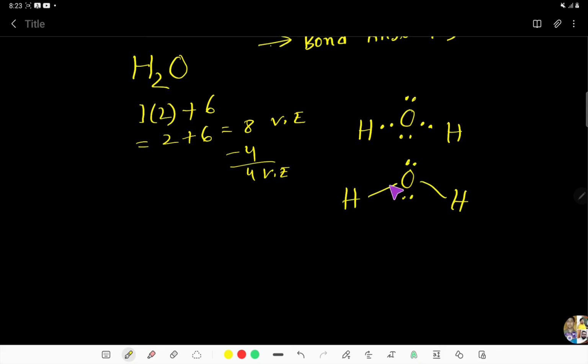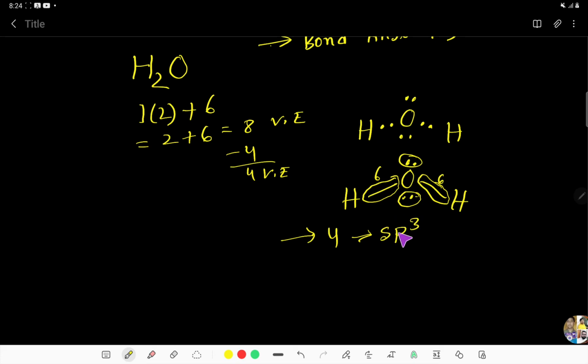Look, here we have electron regions: sigma bond, sigma bond, and lone pairs. So 1 electron region, 2 electron regions, 3, then 4. That is, this water molecule has 4 electron regions, so its steric number is 4, right? So you need 1 s orbital and 3 p orbitals. So the hybridization of the oxygen atom in water is sp3, right?